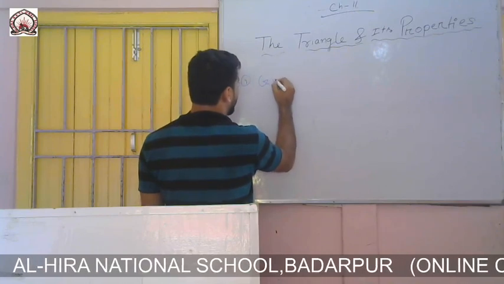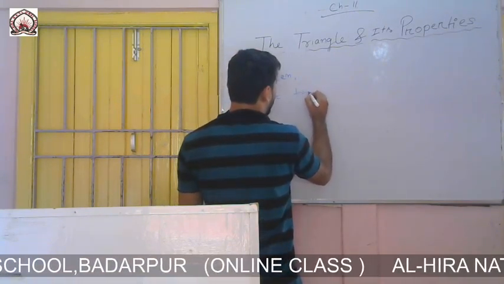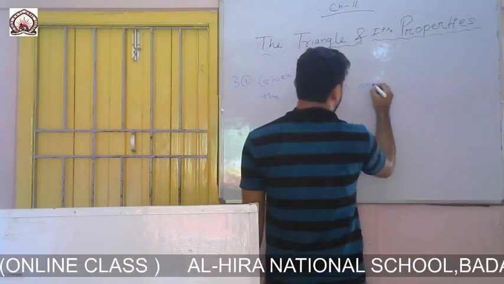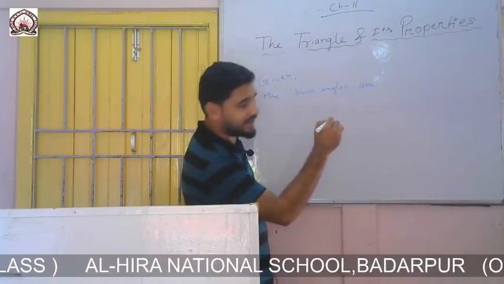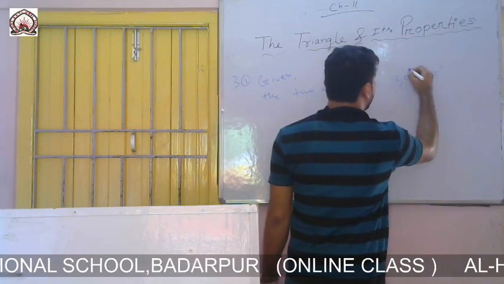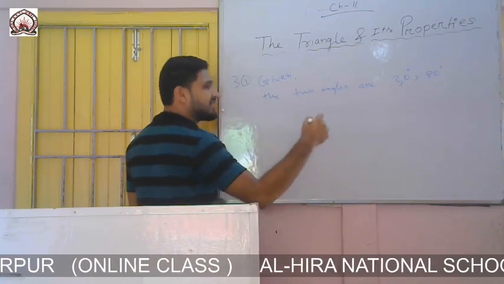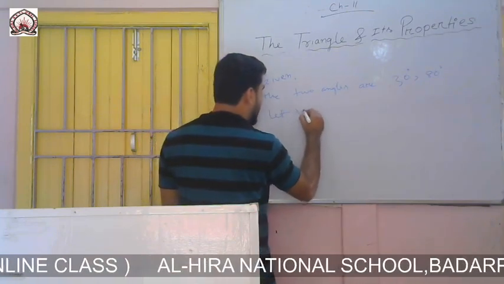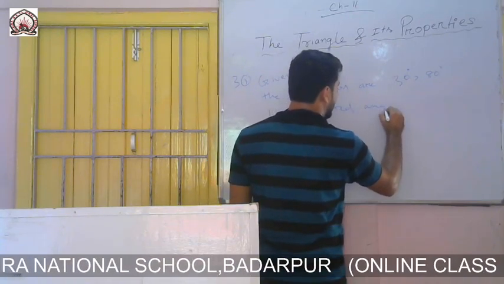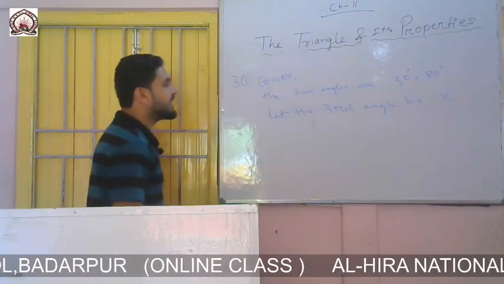The two angles are what? 30 degree and 80 degree. Now we don't know the third angle, so we let it be x. So let the third angle be x.